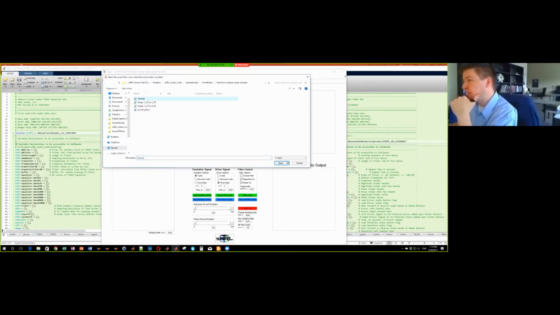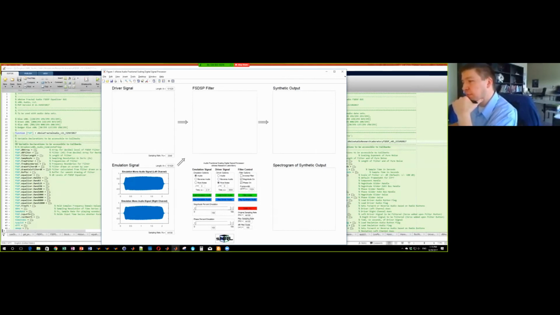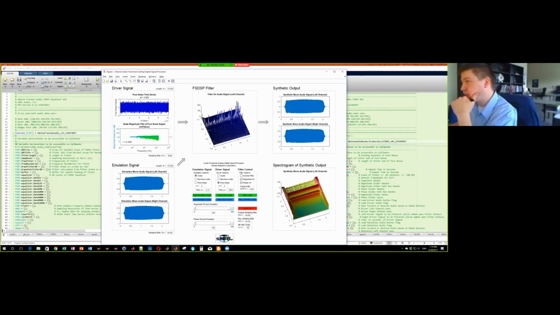So you could. Let me just take one note of the clarinet because that would be easier to show. Okay, so that was a clarinet sound created entirely from the white noise. And when you look at the signal, the original clarinet spectrum looks a lot like the synthetic one down here.